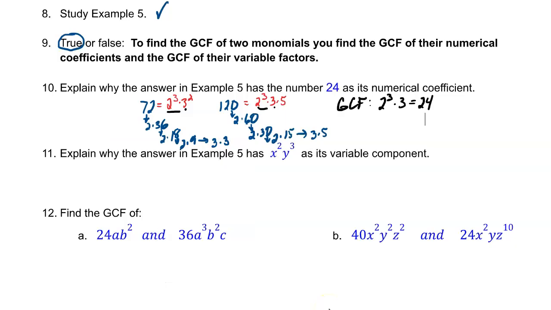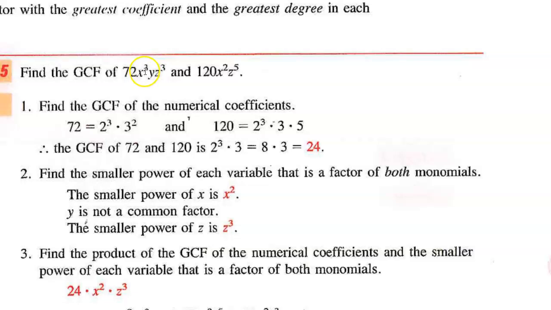Now number 11, explain why the answer in example 5 has x squared y cubed as the variable part of the greatest common factor. The first number has x to the third power, and the second number has x to the second power. The factor x appears in both, and the smaller power of x is x to the second power.